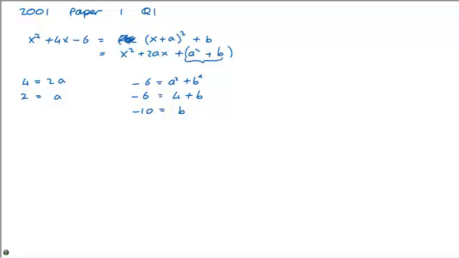Just out of interest, it's worth showing you that you could actually complete the square on the left hand side. So if you want to have a go at that, I'll show it to you anyway. So x squared plus 4x minus 6.